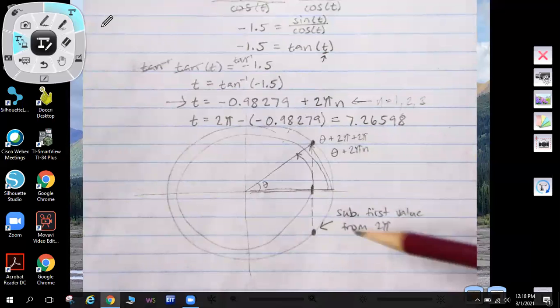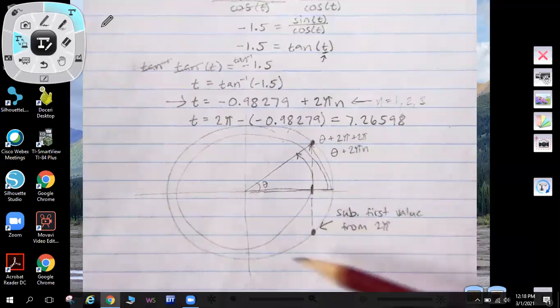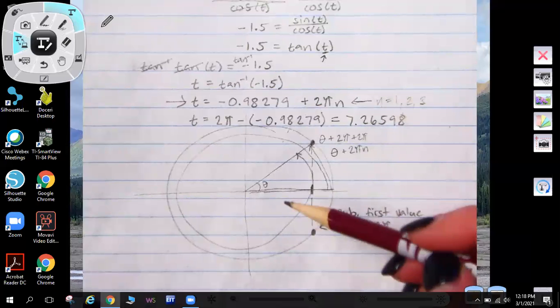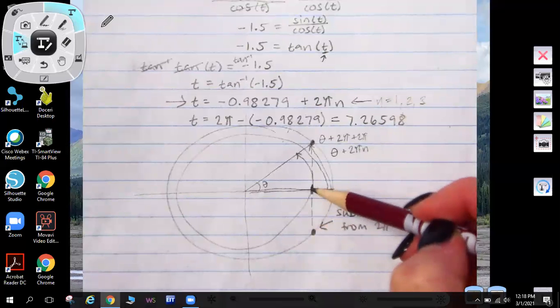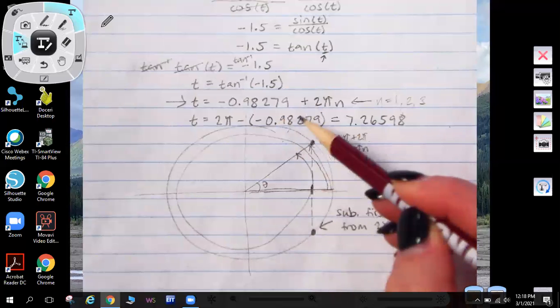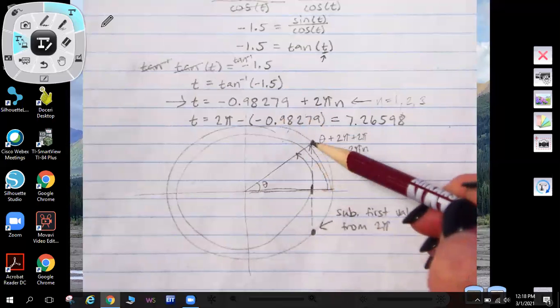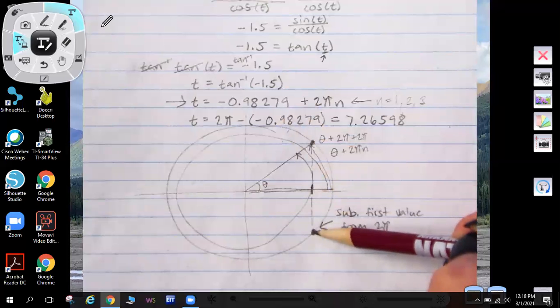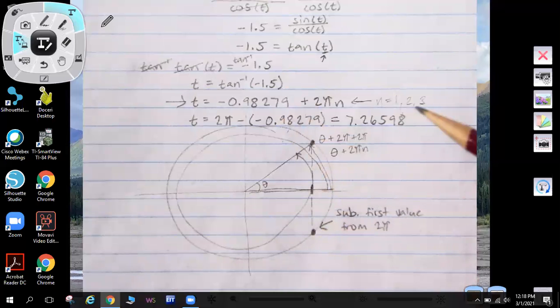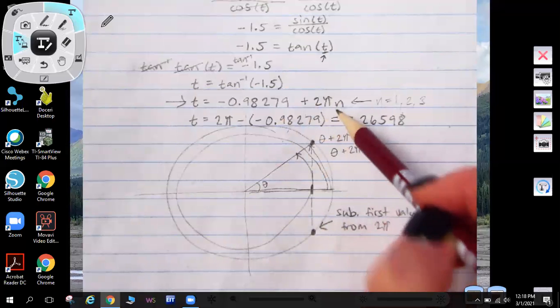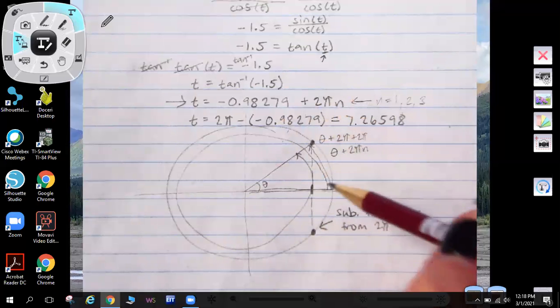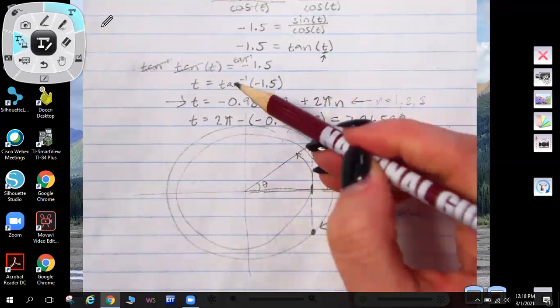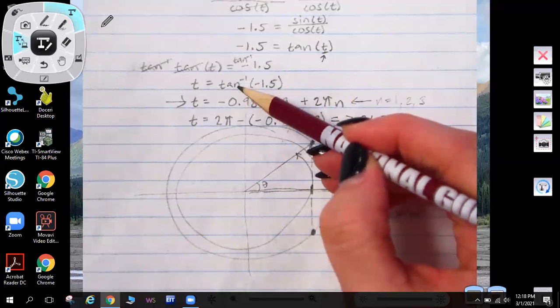Okay, let's talk through this. What I said last time about the unit circle is going to be the same. When we get to this point in the problem, we've got to find two different values for t before we move on to the next step. The way that we did it in this case was incorrect because you do it differently based on which trig function you're using.